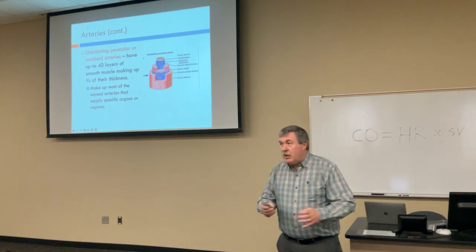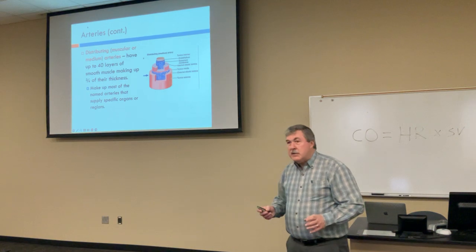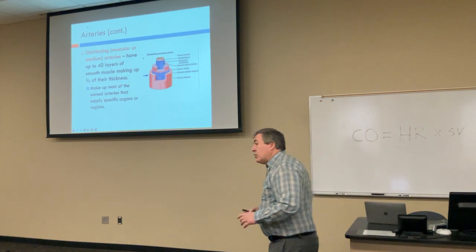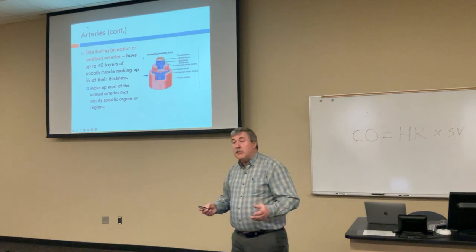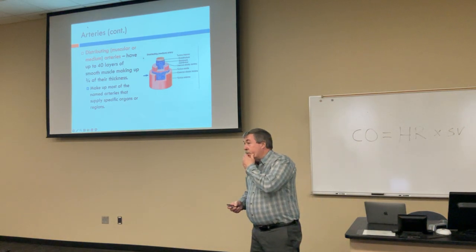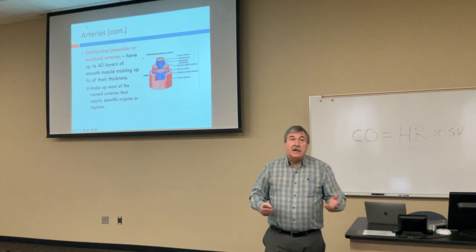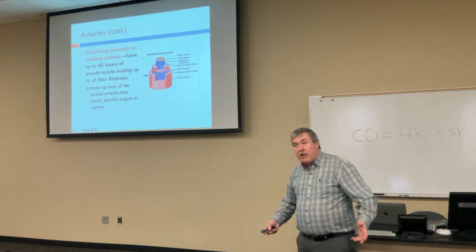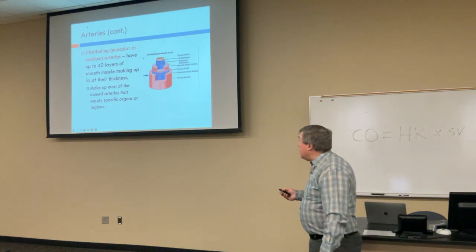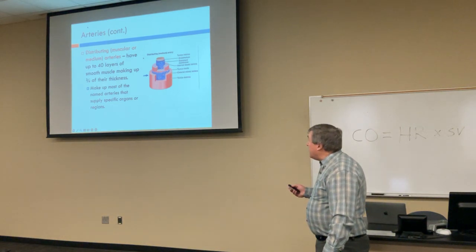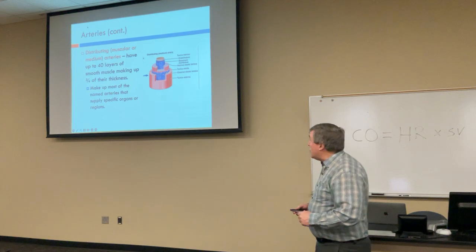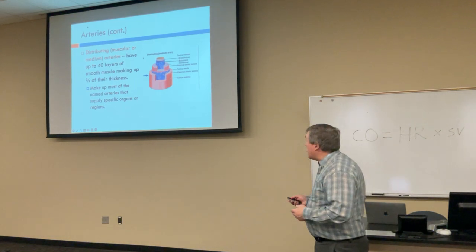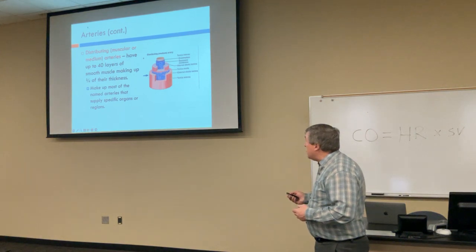So these make up all those little arteries that you learned in lab a couple weeks ago, like the renal arteries, the adrenal artery, the celiac trunk, superior mesenteric arteries, and iliac arteries. Those are all medium arteries. They have up to 40 layers of smooth muscle in their walls, which makes up about three-quarters of the thickness of the blood vessel.